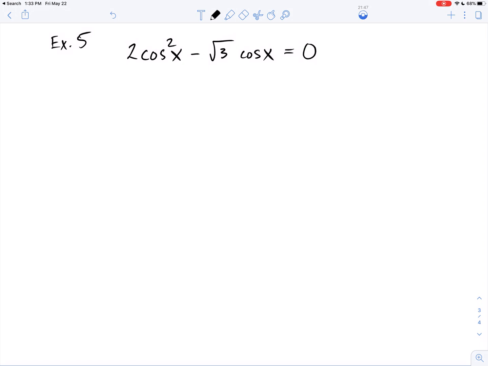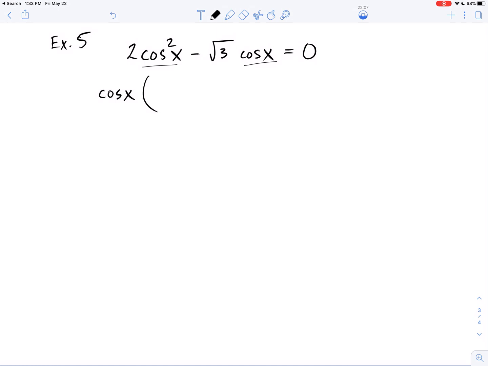And what I'm going to do is I'm going to say, hey, this is set equal to 0. I see a squared thing, but here's the deal. Do you see a GCF? They both have a cosine x. So we treat it just like we did with the trinomials or binomials or whatever. I'm going to take a cosine x out of there.